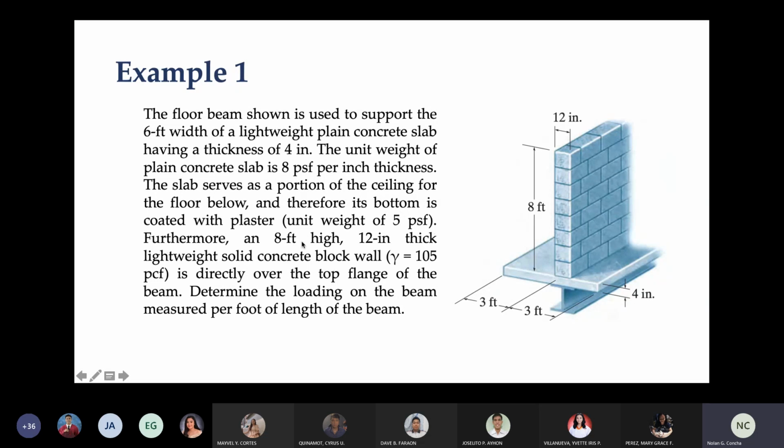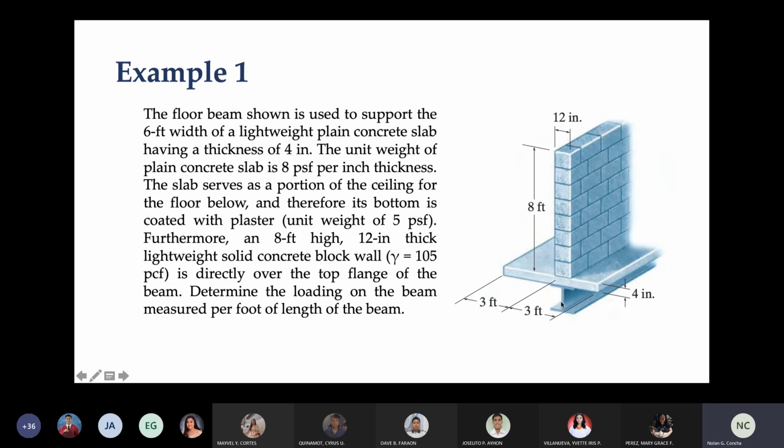Furthermore, an 8-foot high, 12-inch thick, lightweight solid concrete block wall, 8 feet in height and the thickness is 12 inches, with a unit weight of 105 pounds per cubic foot, is directly over the top flange of the beam.